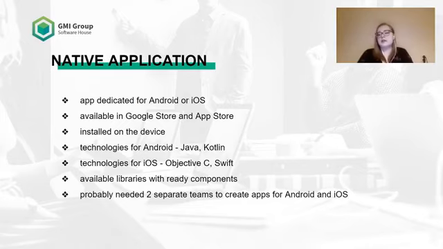You may decide to create the app first for one system and then for the other. For example, in the US, I know that a lot of users are using iPhones and not that much Android. So I've been in a situation where the customers wanted to start with the iOS app first, and then if it was a success, they would create the Android app. I think even Uber did this.